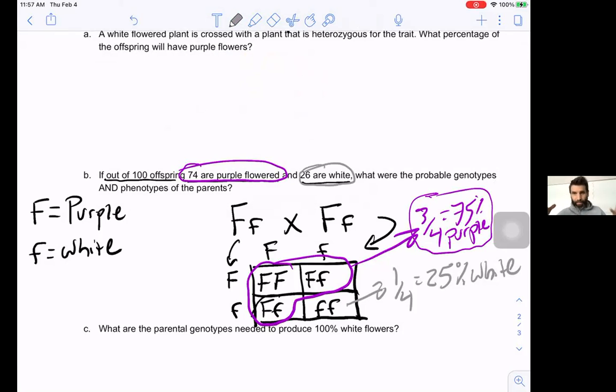Remember, this is just a probability. We're trying to see what makes the most sense. And so things aren't going to be exact in the real world, but we would guess that the parents are heterozygote. And if they're heterozygotes, they are purple.